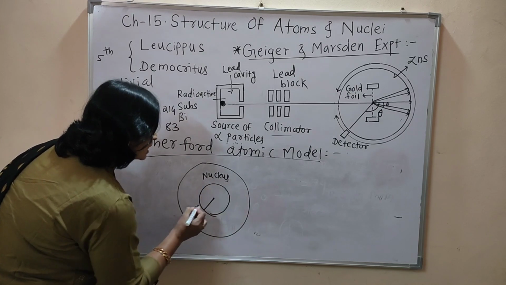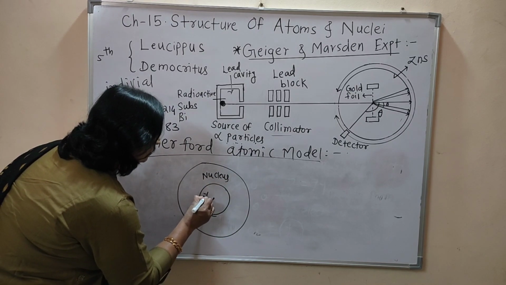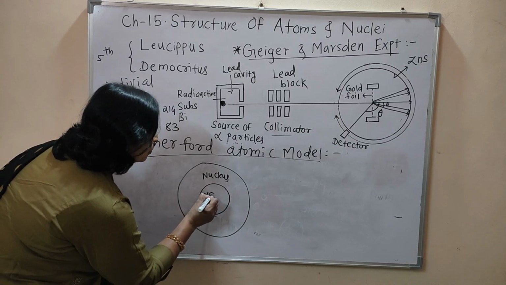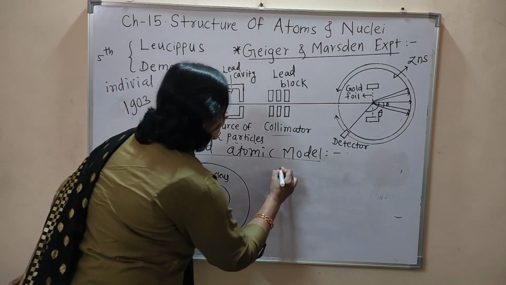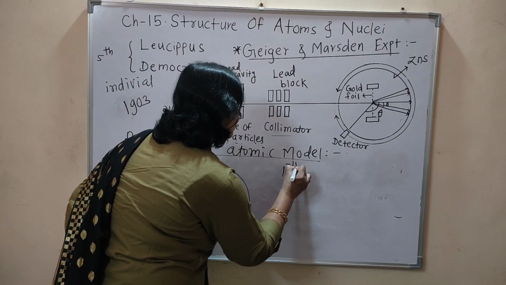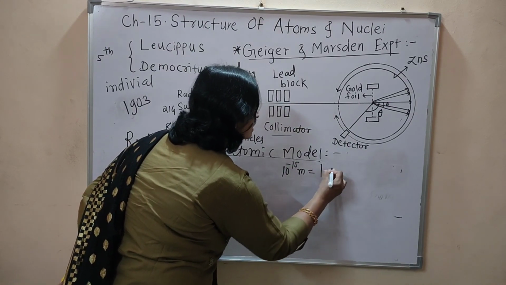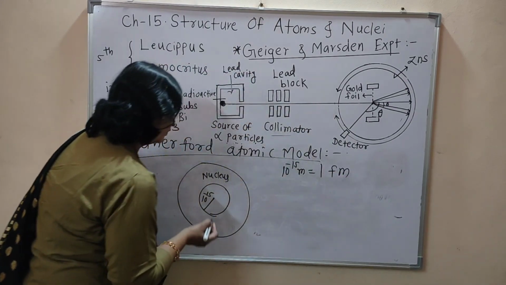This is the nucleus, and the radius of the nucleus is 10 raised to minus 15 meter. That is nothing but 1 femtometer.